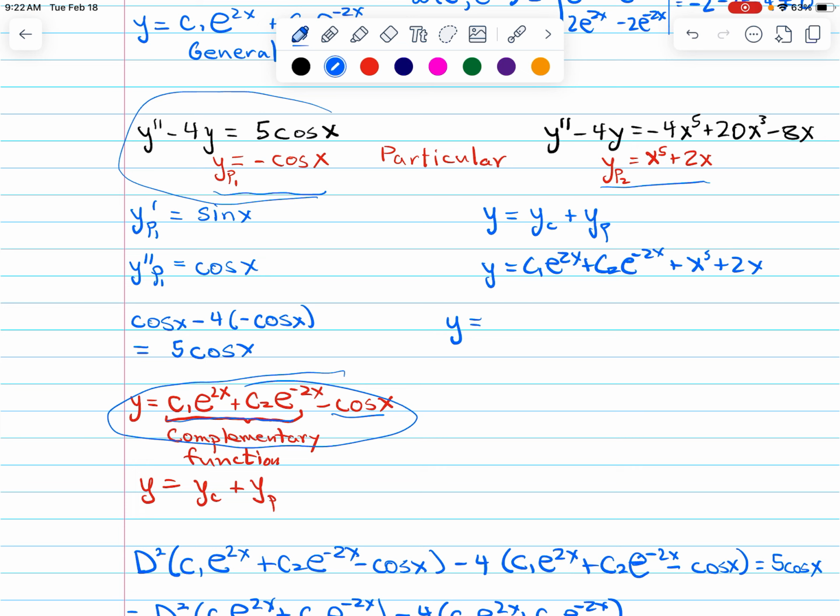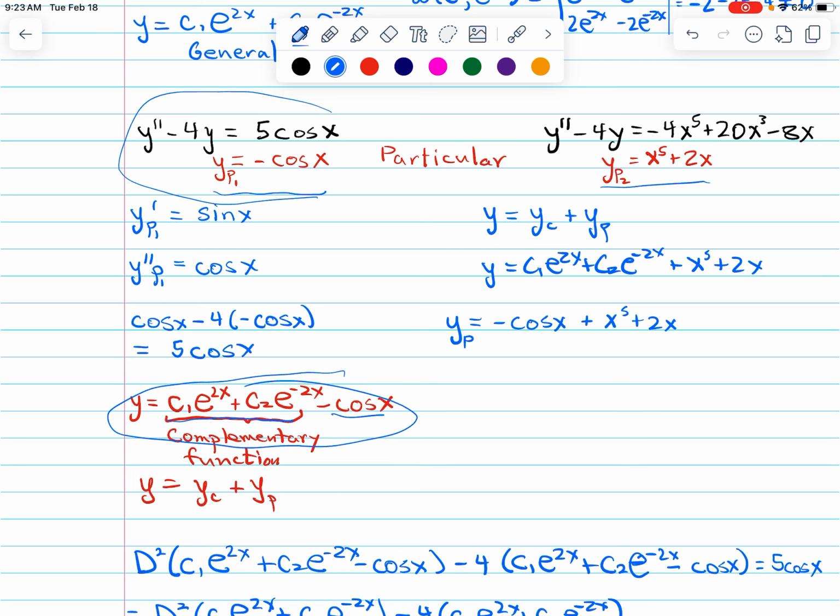We've got a particular solution that goes this way. So let me just write it out here. y equals negative cosine x plus x to the fifth plus 2x. Okay? So I'm saying that is a particular solution.